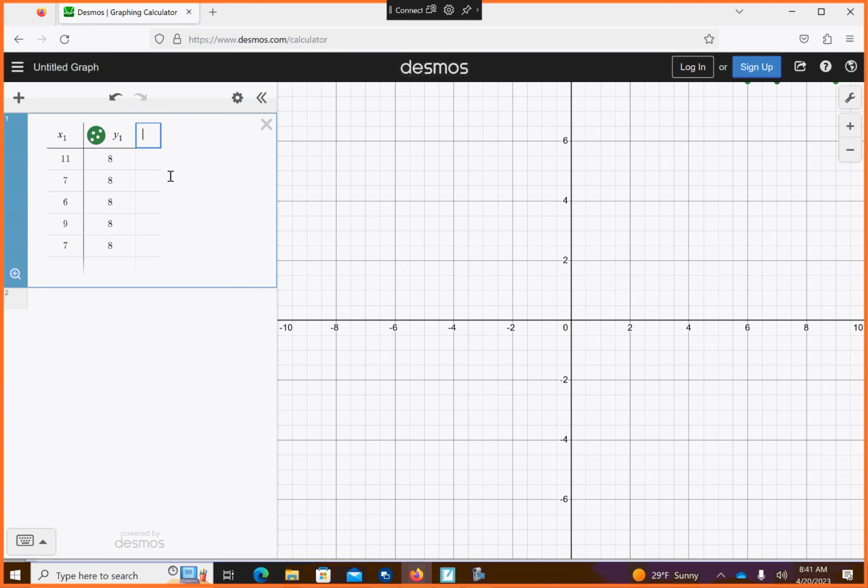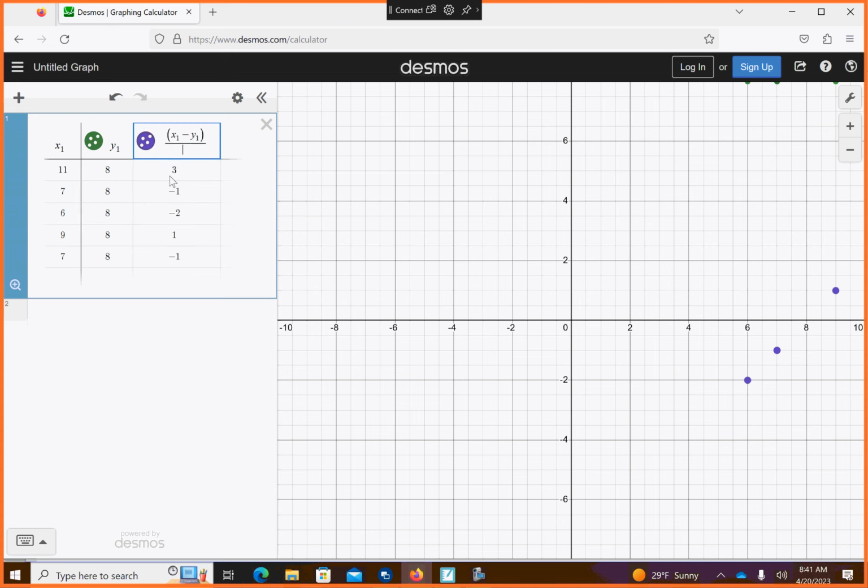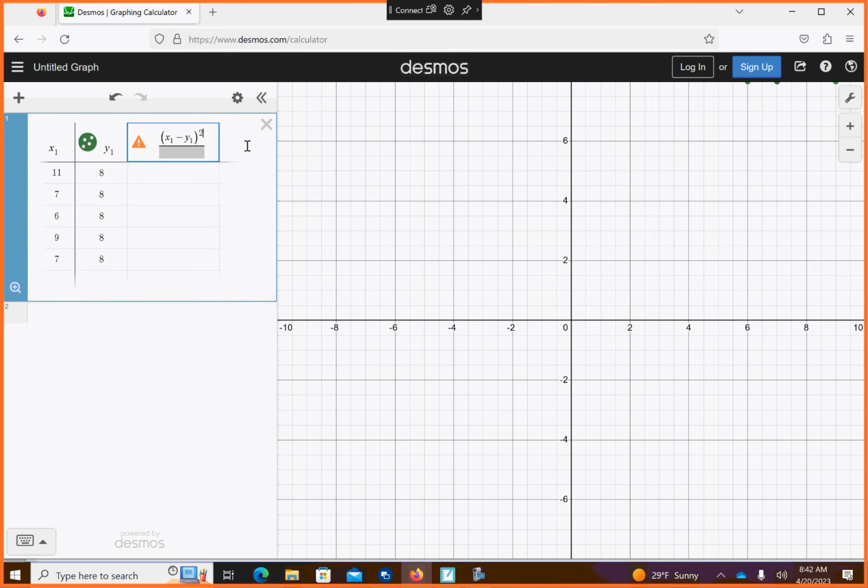Okay, that is done because you have the observed minus the expected. So watch what I can do here. I'm going to create this column here. I'm going to put this in parentheses, and I'm going to say that my observed is my x sub 1 minus my expected, which is y sub 1, and then we'll go divided by, but I have to make that quantity squared first.